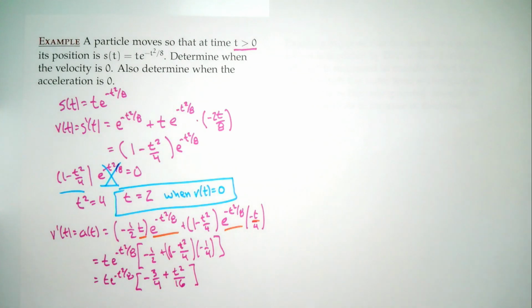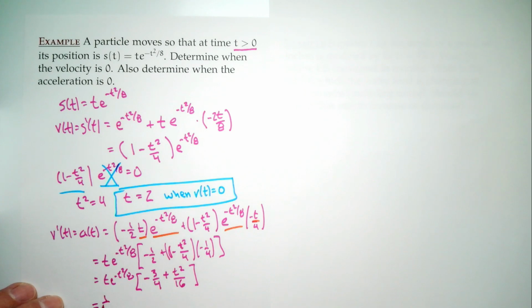Now, we could even go one step further and say, if we really wanted to get rid of fractions, what could we pull out? Well, what's the common denominator? What would we need downstairs? A 16th.